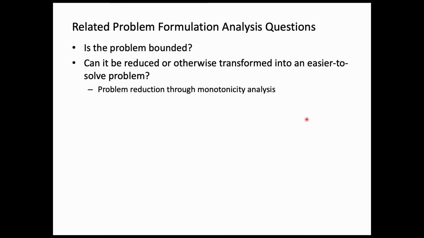We're going to have an example of that a little bit later. We can use something like a change of variables or a change of coordinate system, whether it's a linear transformation or a nonlinear transformation. And sometimes these require a lot of creativity, but they can really pay off if it reduces the nonlinearity of the problem, or if it helps to improve problem scaling, which is something that we addressed recently.